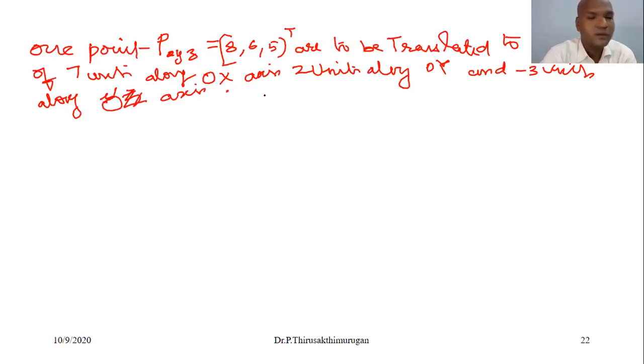Determine, using the appropriate convention, the homogeneous matrix.